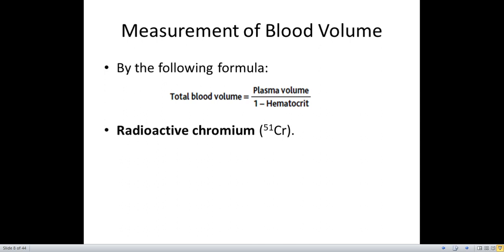Blood volume can be calculated using the following formula. Total blood volume is equal to plasma volume divided by 1 minus hematocrit.